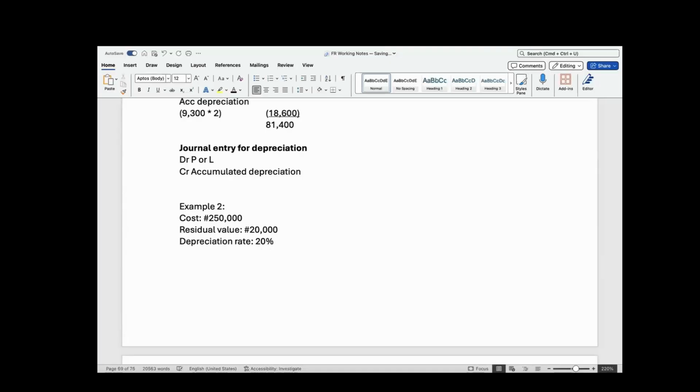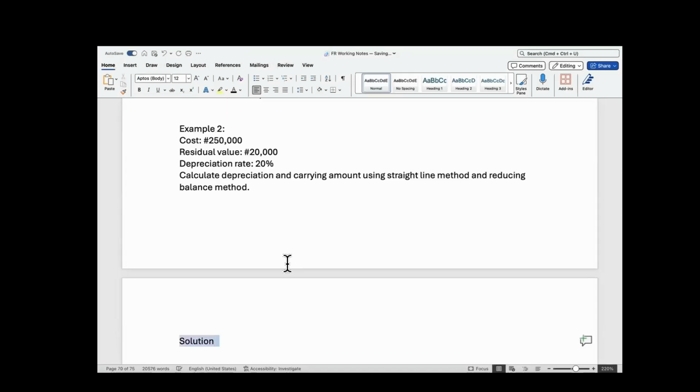We're now asked to calculate depreciation and carrying amount of the asset using the straight line method and the reducing balance method. So if you are told to do this, you should calculate depreciation and carrying amount using the straight line method and reducing balance method with this scenario given.